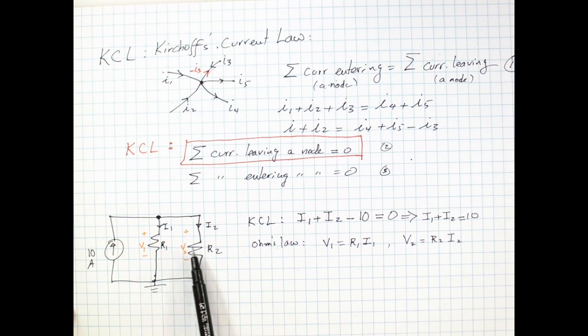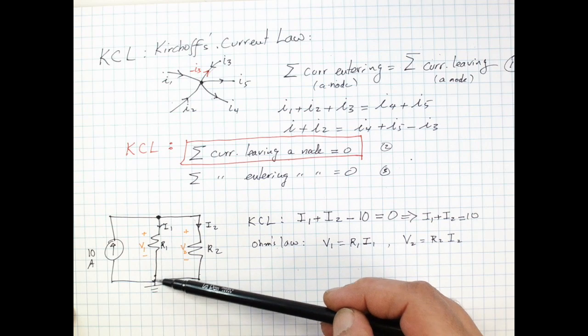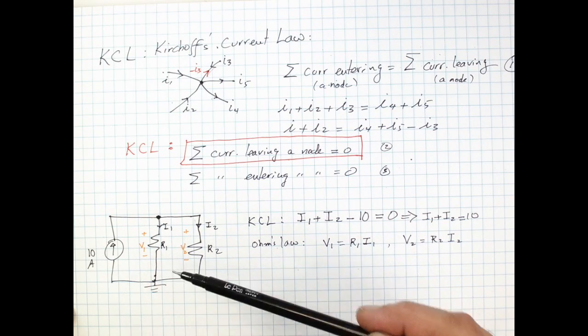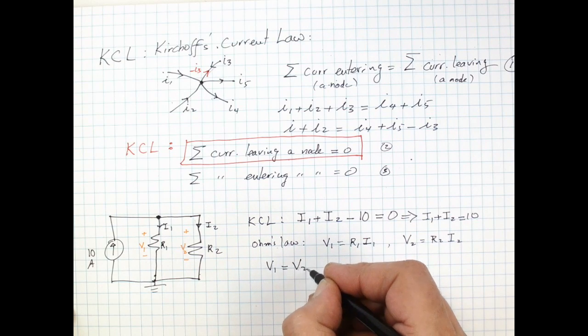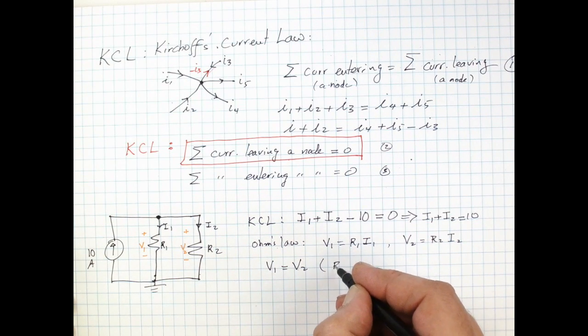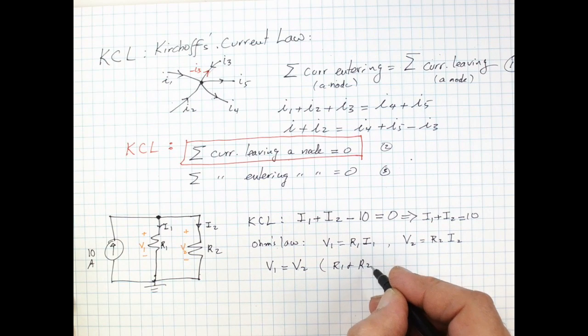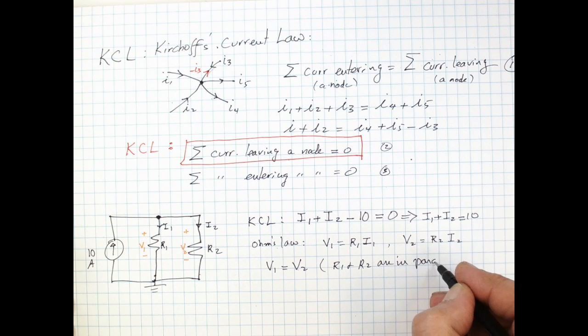And when elements are in parallel with each other, essentially the potential difference is going to be the same. So V1 and V2 are going to be equal to each other, and that's because R1 and R2 are in parallel. When elements are in parallel, their voltage is the same.